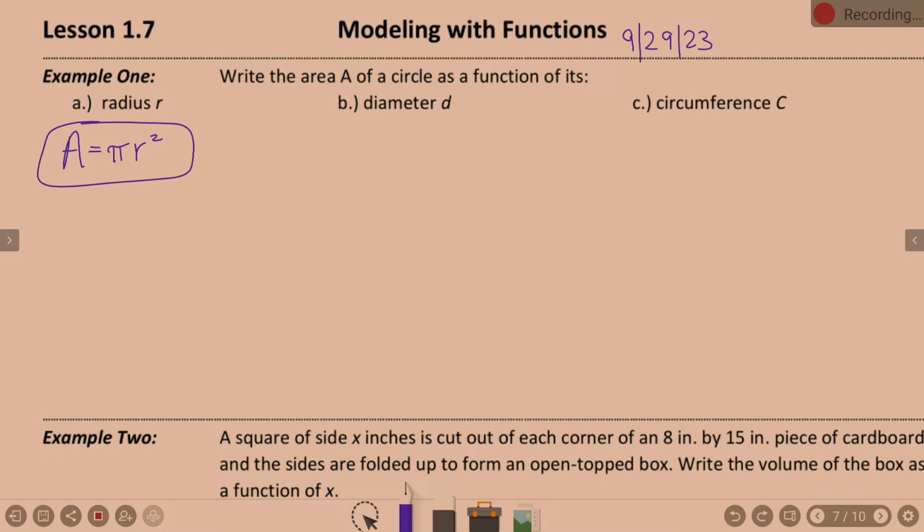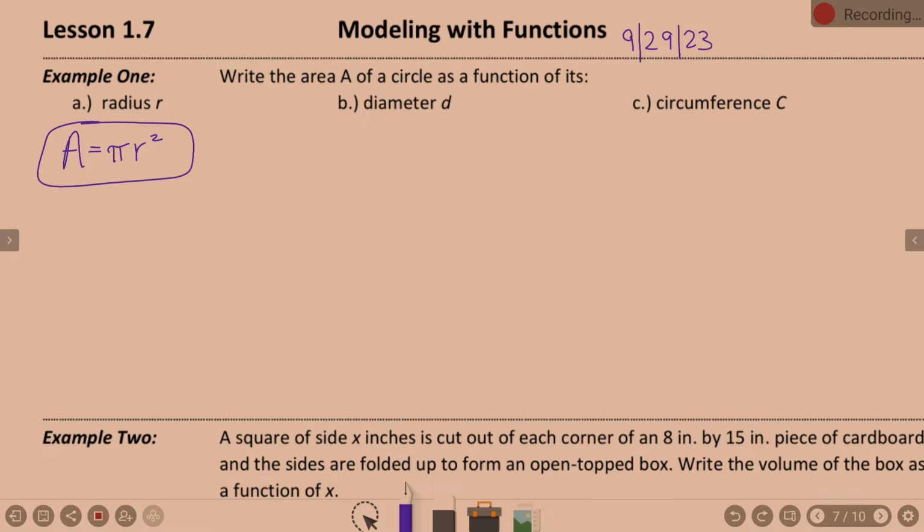Now, we're going to take that formula and tweak it, because in part B, we're being asked to write the area of the circle as a function of diameter. So I want an equivalent function here that's not based on the radius, but on diameter.